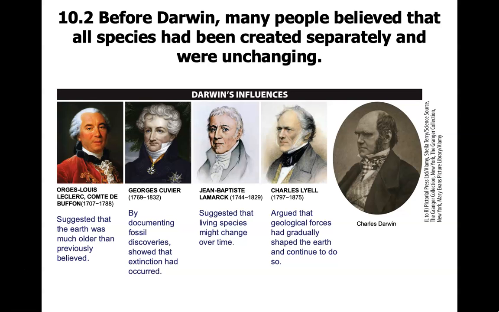So people recognized that organisms existed in groups, that there was variation, but most people thought that all species, including humans, had been created simultaneously, and then they never changed and they never died out.